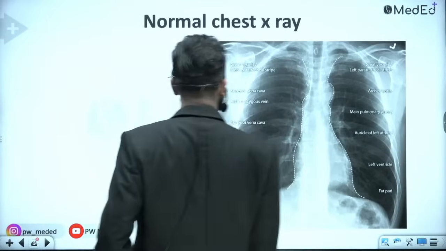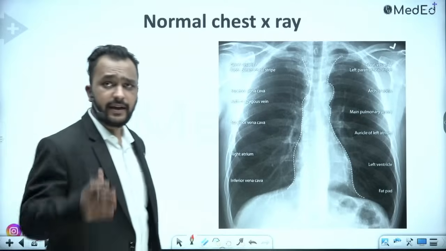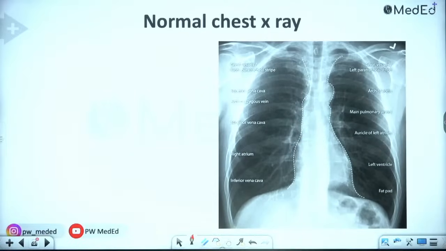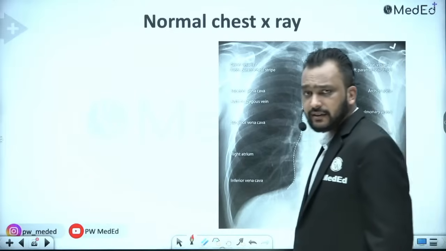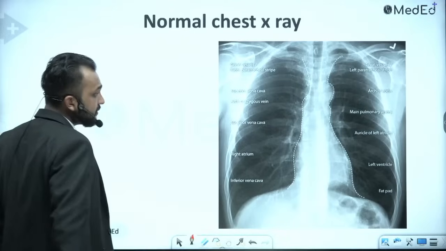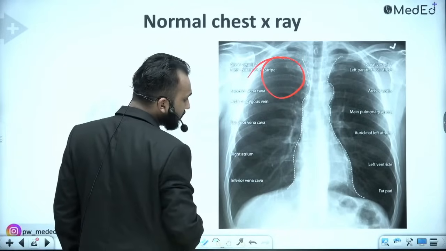So guys, let us have a look at the normal chest x-ray. What do we have to look at in the normal chest x-ray? Anyone? What are the normal structures that we have to look at? You will look at the lung fields, and you will look at the heart.